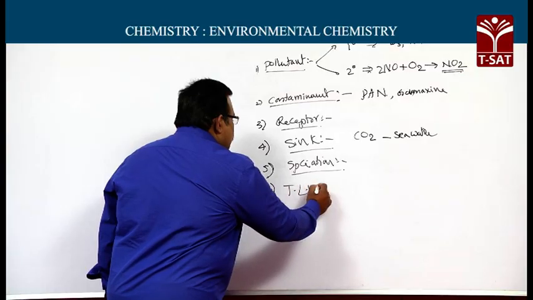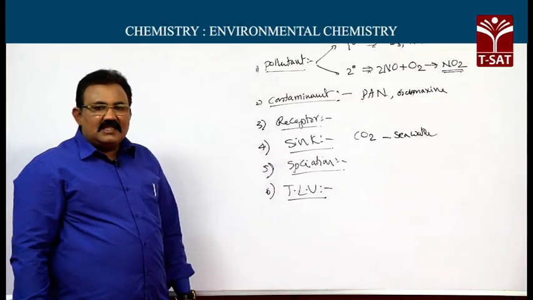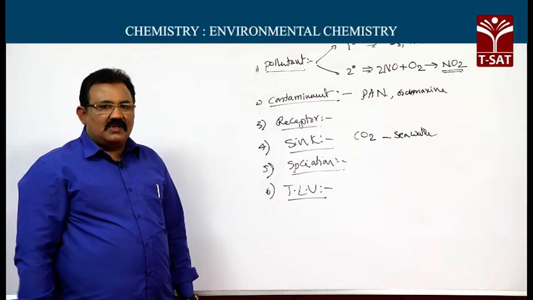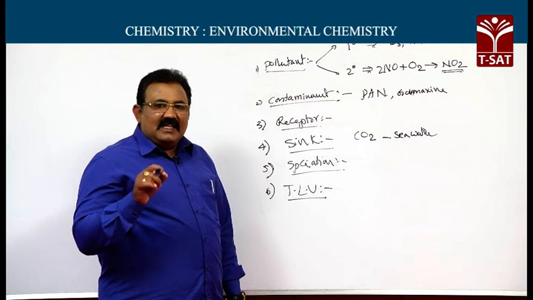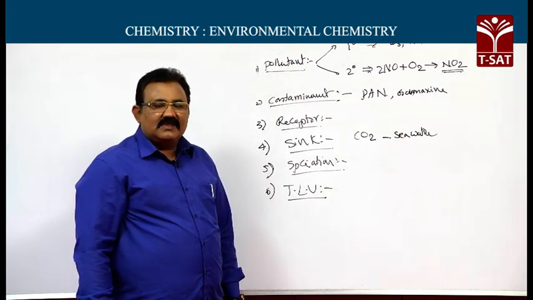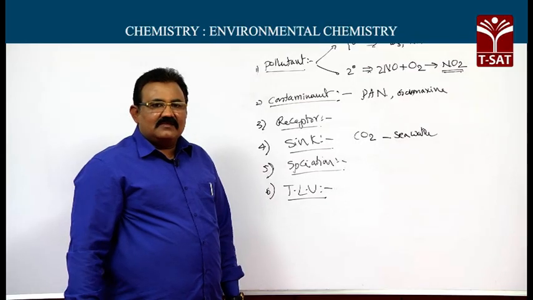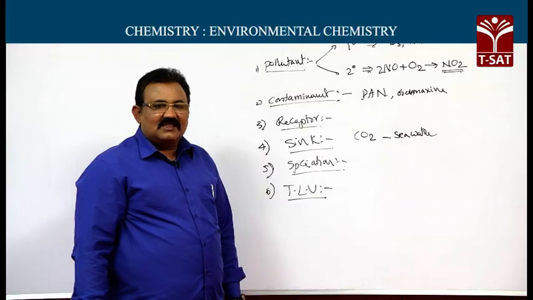TLV, threshold limit value. It is a measure of industrial pollution. It is the minimum level of toxic pollutants at which an industrial worker is allowed to work for 8 hours in a day without any harm to his health.